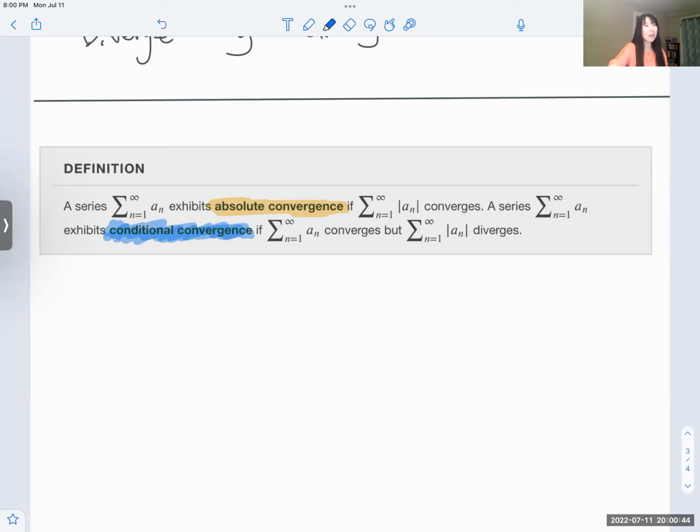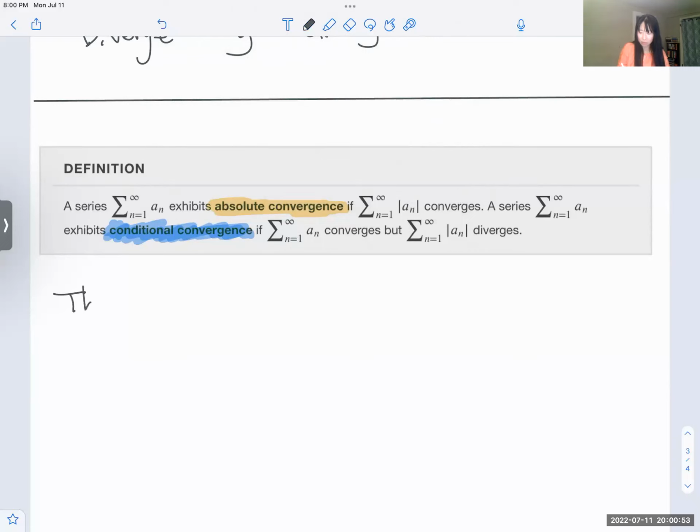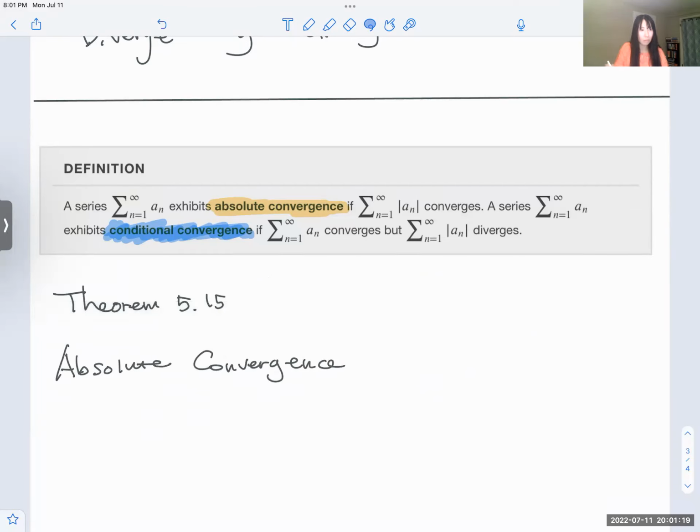Now we have definition 5.15, and we have a theorem: absolute convergence implies convergence.